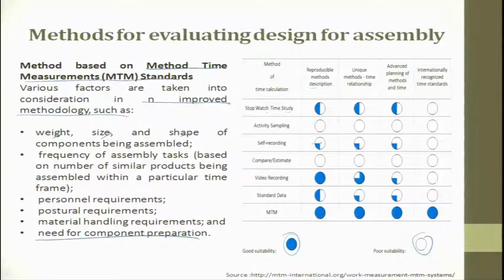When we talk about MTM, the reproducibility method description is 100%, unique method time relationship is 100%, advanced planning in method and time is 100%, internationally recognized time standard is 100%. So here what are we trying to say? When we use the MTM method, this is a standard method which is used to evaluate design for assembly, and this is internationally accepted.